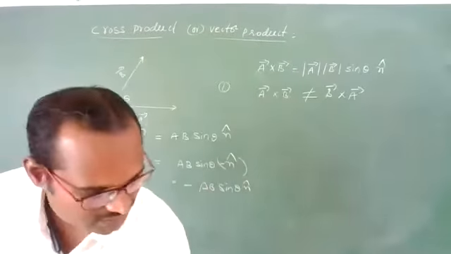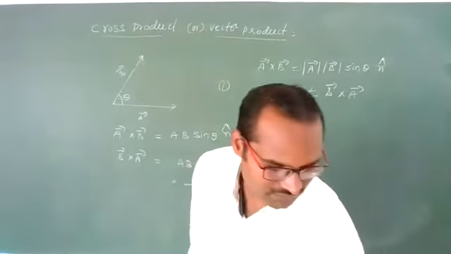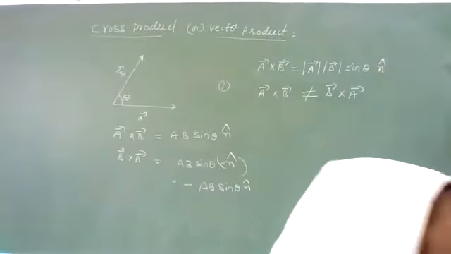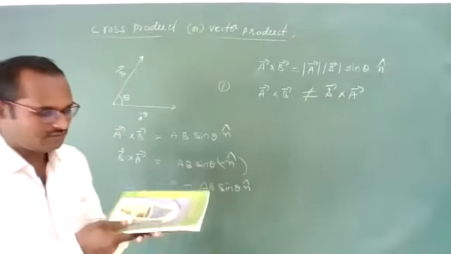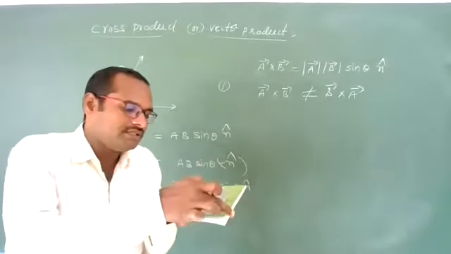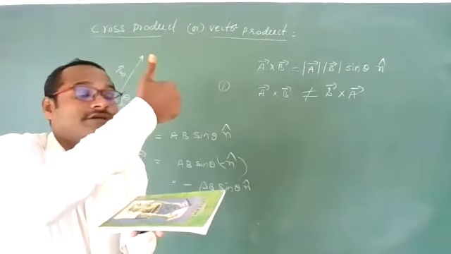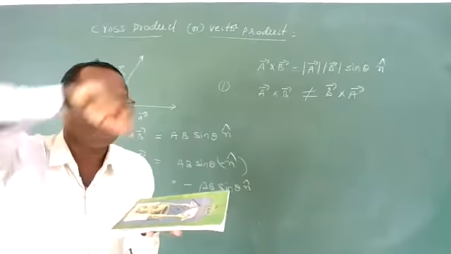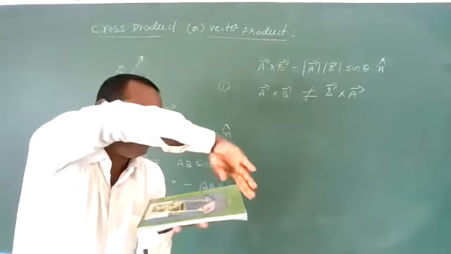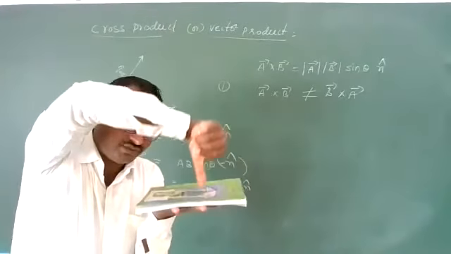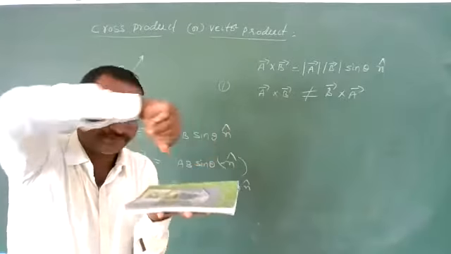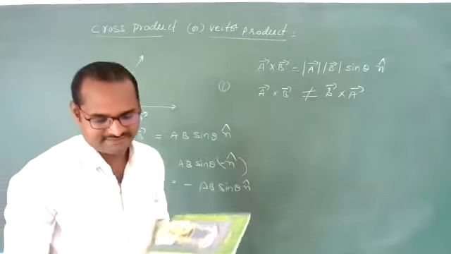Here you can see. This is my first vector A, this is my second vector B. If I do A cross B, I am getting upward. But if I do B cross A, see my finger is going inside. That difference is there.